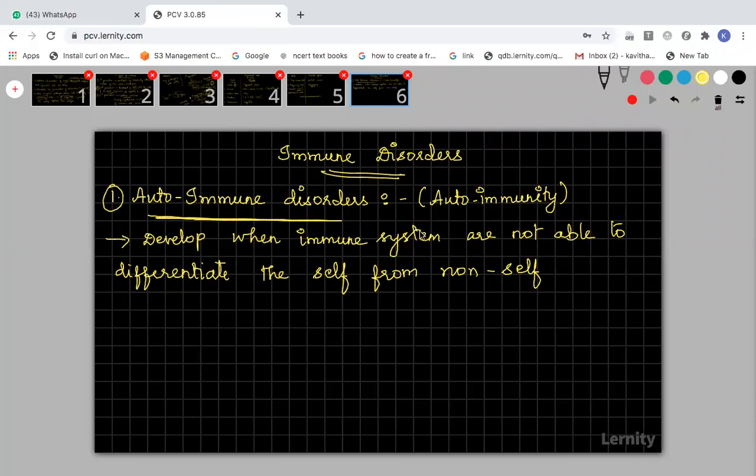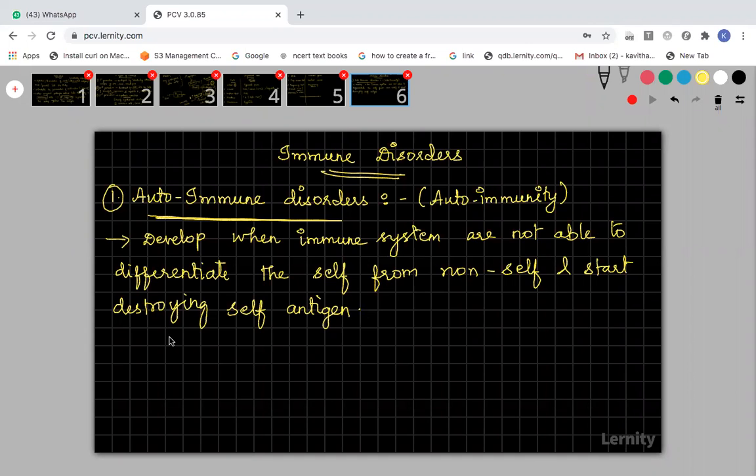When your immune system fails to differentiate the self from non-self, what will they do? They will start destroying your self antigens. Usually your self antigens should not be attacked by the immune system. But in this autoimmune problem, what will happen? They will not be able to differentiate the self from non-self, and they will start destroying your own self antigens. Okay.